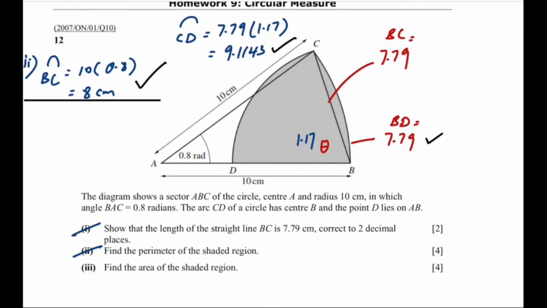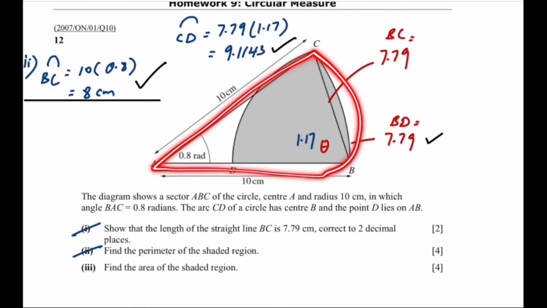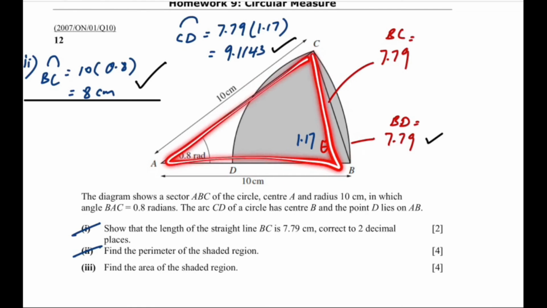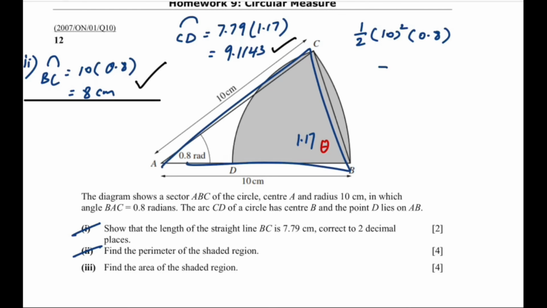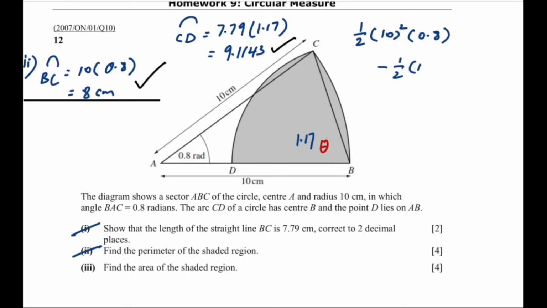For the segment, we take the area of this sector minus the area of the triangle. The area of the sector is 1/2 r squared theta, minus the area of this triangle, 1/2 AB sine C.